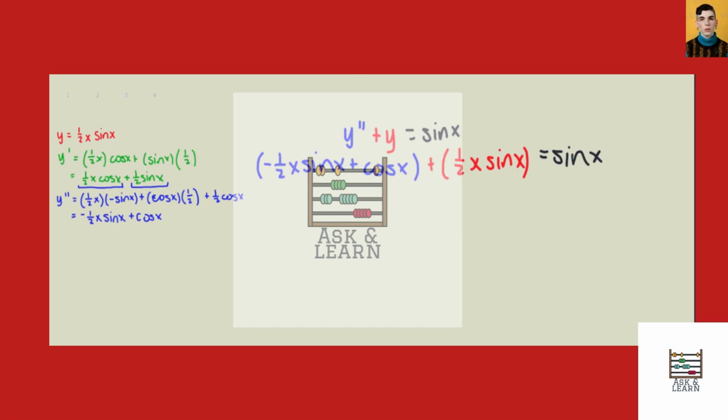So when we simplify, we have a negative 1/2 x sine x here and a positive here, so those will just cancel with each other, and we have cosine x equals sine x. However, this is not true, therefore C is not our answer choice either.